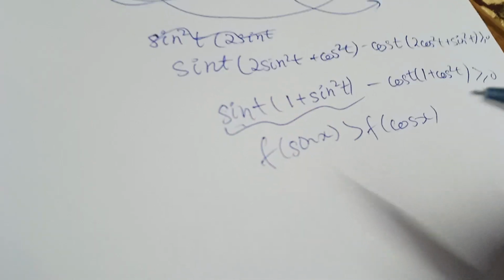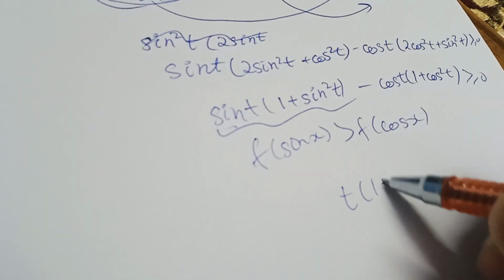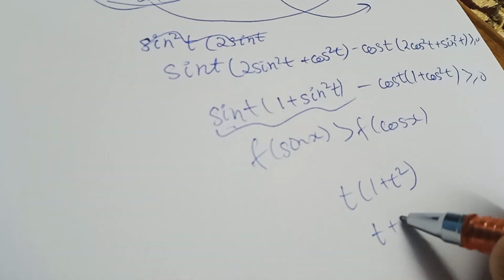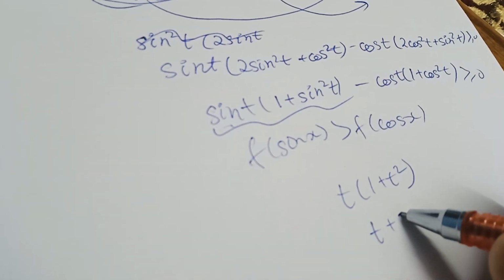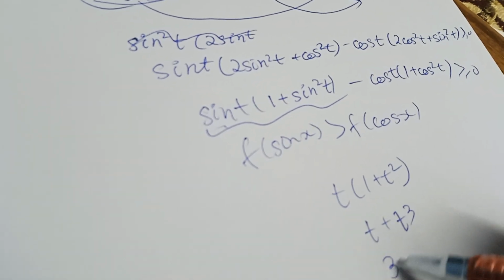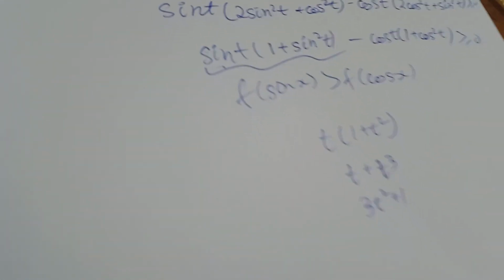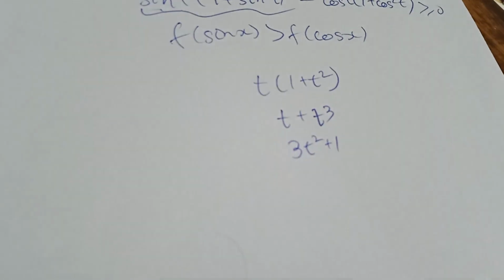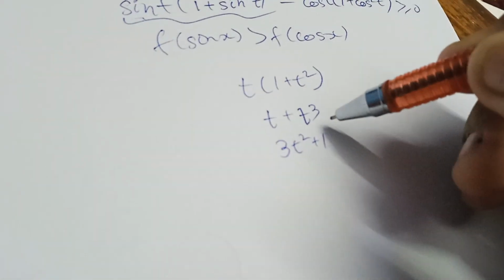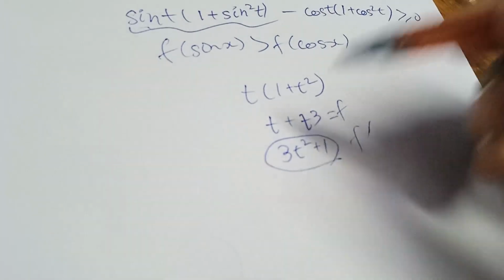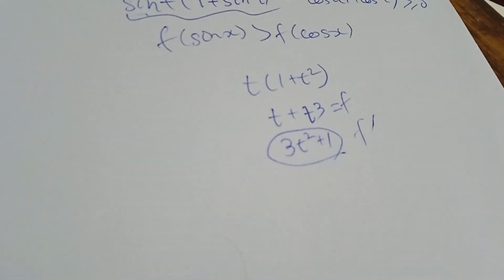To check increasing or decreasing, let me take the derivative. For t plus t cube, I get 3t square plus 1, and it's amazing to know that this is an increasing function, because its derivative is always greater than 0.